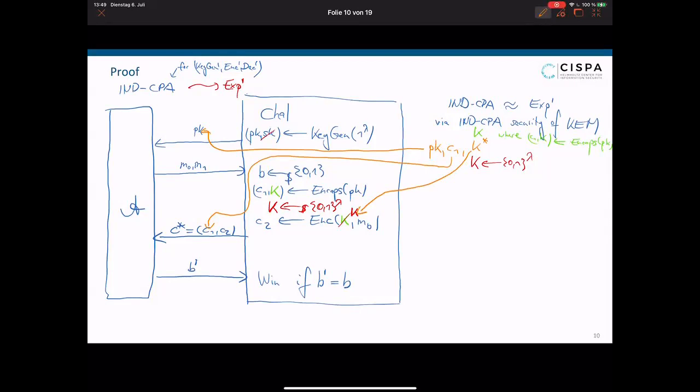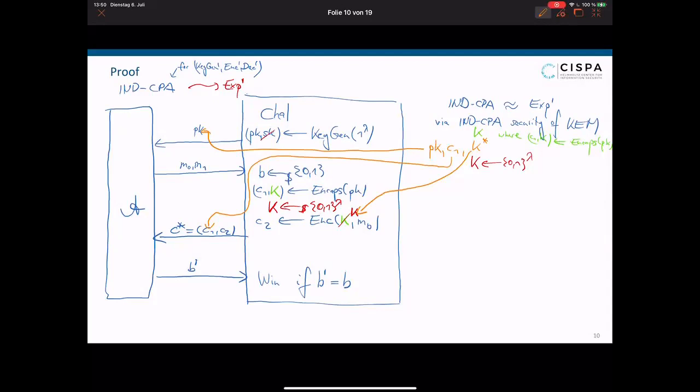So an adversary that has substantially different winning probabilities in the INCPA experiment and the X prime experiment can be used to win in the INCPA security experiment for the key encapsulation mechanism. But okay, good. This is this part of the reduction.